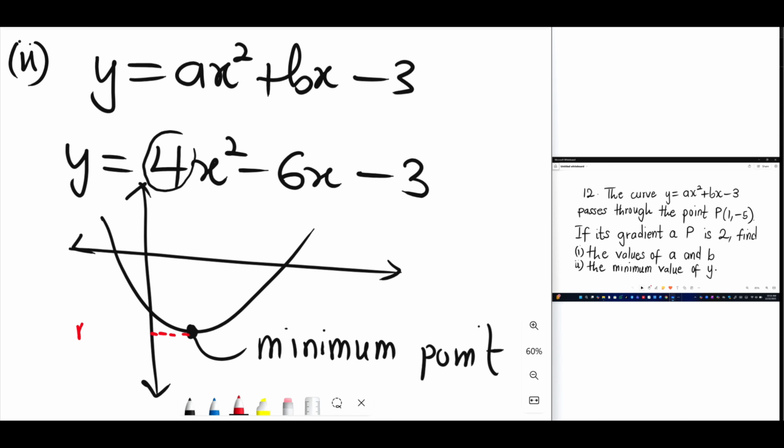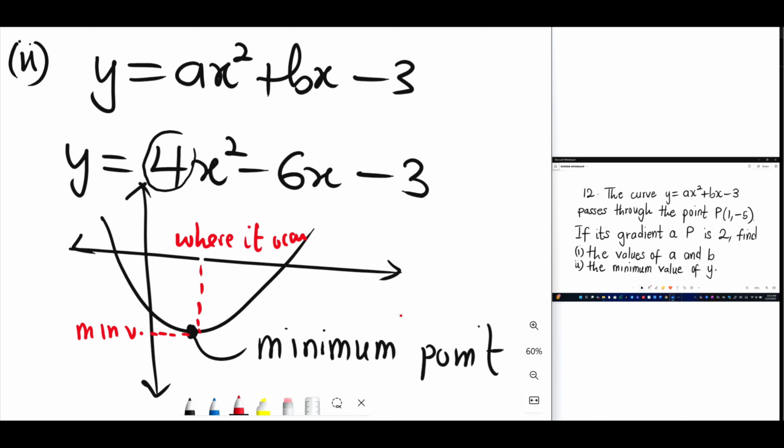So this is the minimum value. Then when you trace it to the x, this is where it occurs, which is the same as the equation of line of symmetry. So here will be where the minimum value occurs. But the focus is on the minimum value.